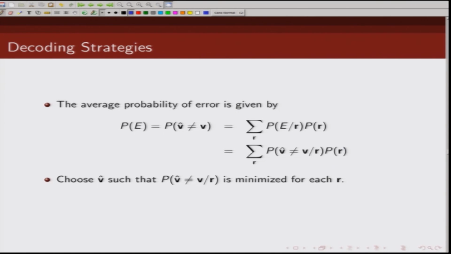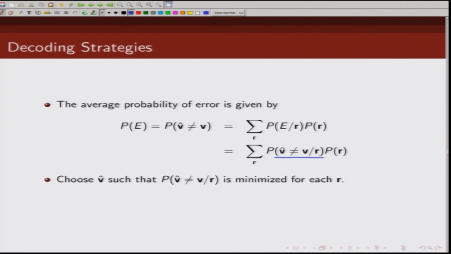There are two terms in this: one is P of R and the other is this term. Whatever V hat I choose, that does not change P of R. So, the choice of decoding rule does not change my P of R. In other words, if I have to minimize the probability of error, I should choose my V hat in such a way that this is minimized.